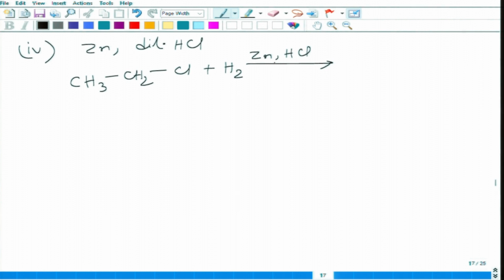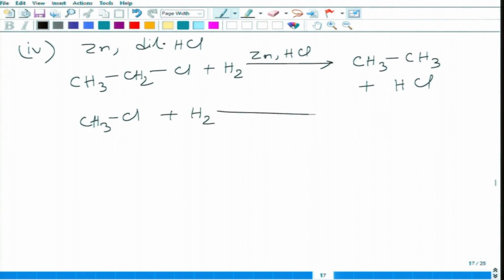So, in presence of zinc and HCl, alkyl halides will be converted to alkane and HCl will be liberated. Similarly, if we take methyl chloride for example, then we get methane plus HCl.